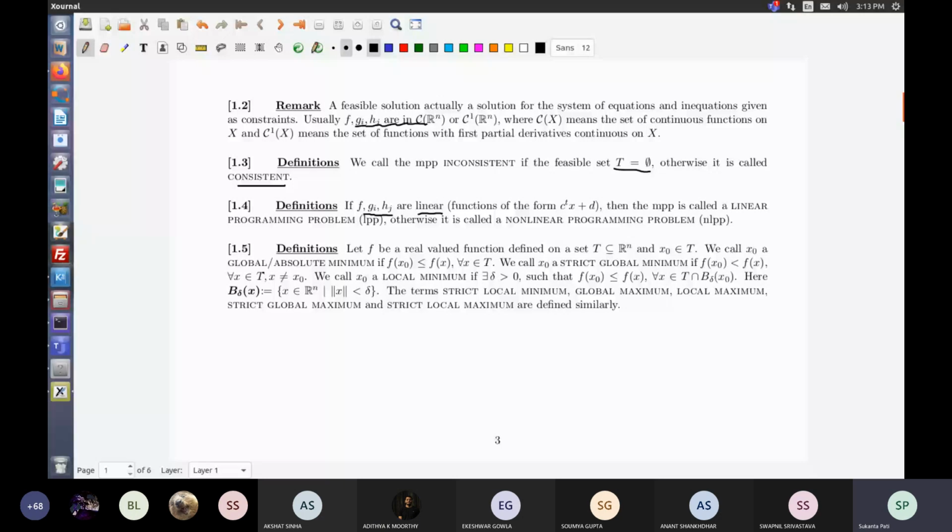So how do you define local minimum and maximum? That you must have done in your calculus course.